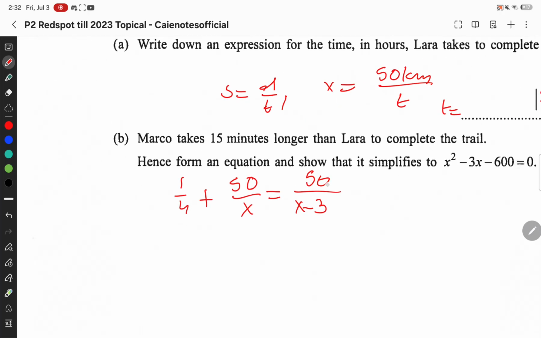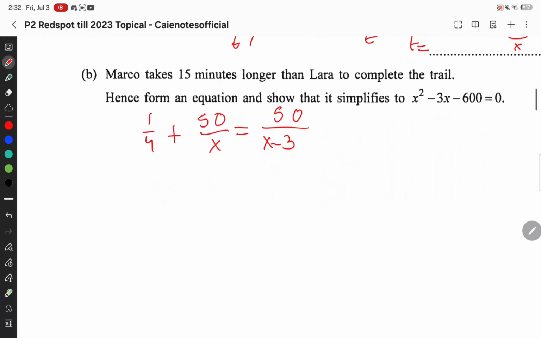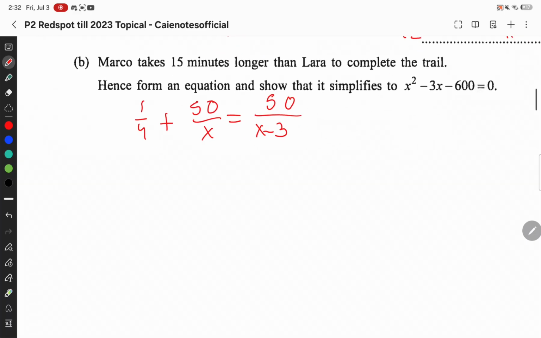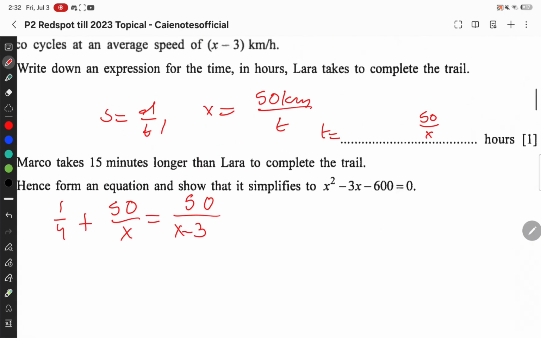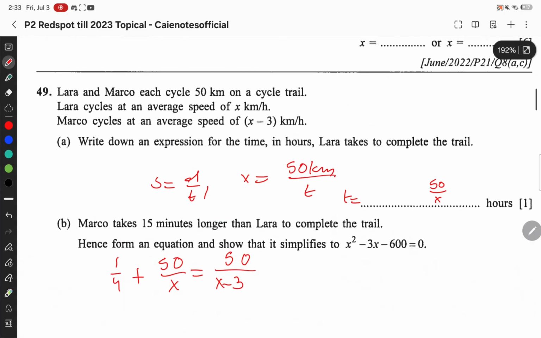This time to Lara is adding 15 minutes to Lara's time to get Marco's time. What is this equation? So that's how we know. Okay, let me read it again for you guys. Lara takes 50 over x hours.